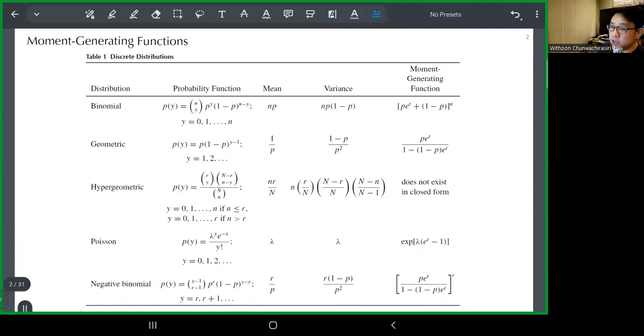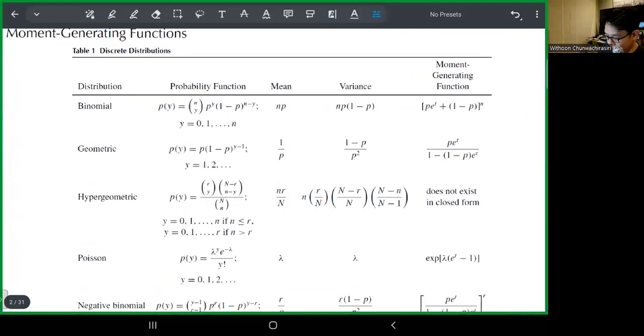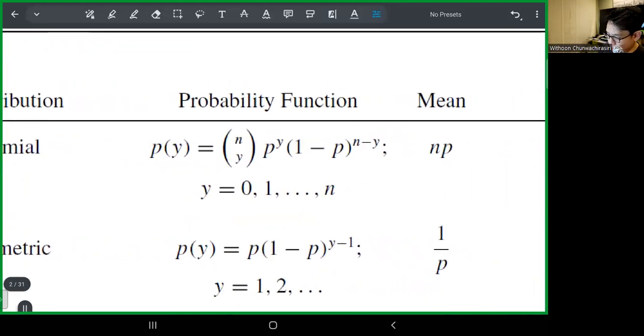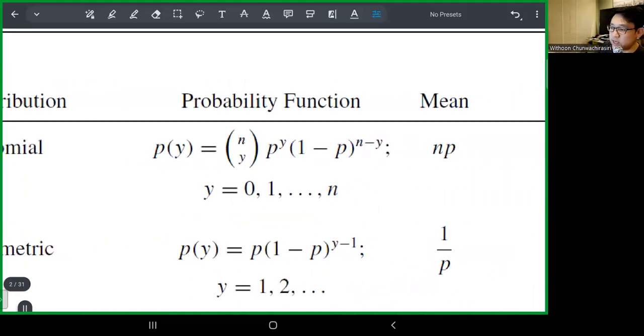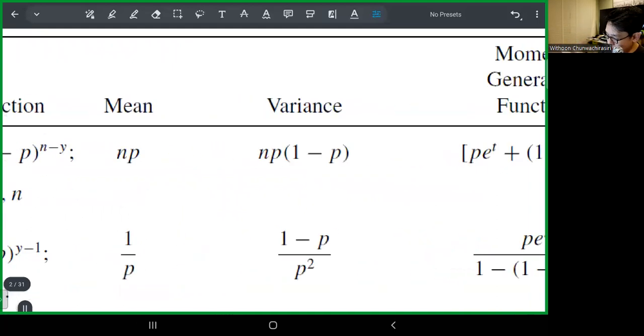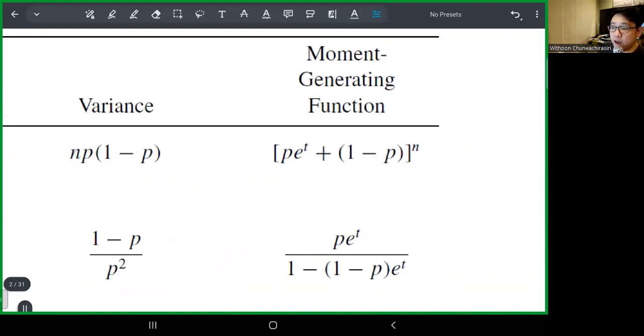What we already learned about the MGF, moment generating function, is, for example, if you want to talk about the binomial distribution, you know the probability function, it's going to look like this. You know the mean, you know the variance, but the way you can package this whole thing into a very compact form is just to ask, what is the MGF? And you say, oh, okay, the MGF looks like this, and you're done.